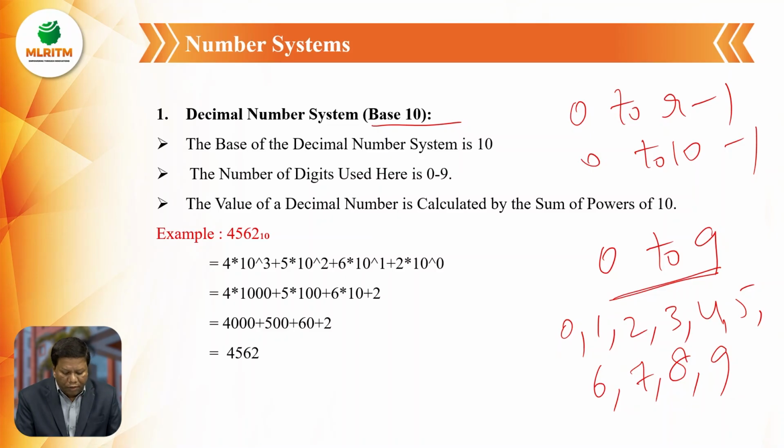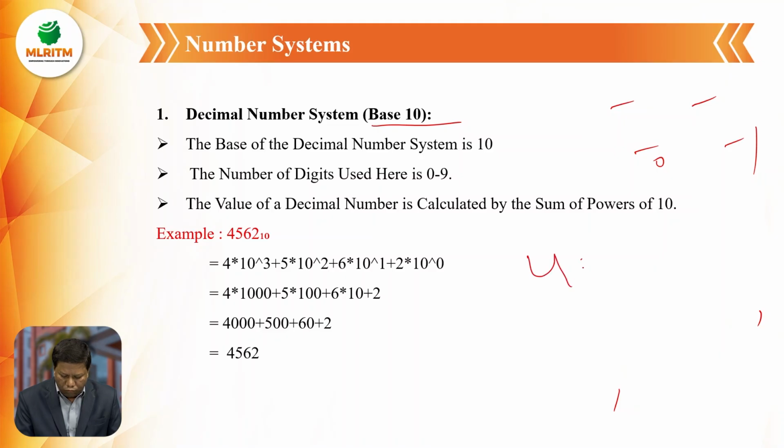The value of a decimal number is calculated by the sum of powers of 10. For example, take 4562.